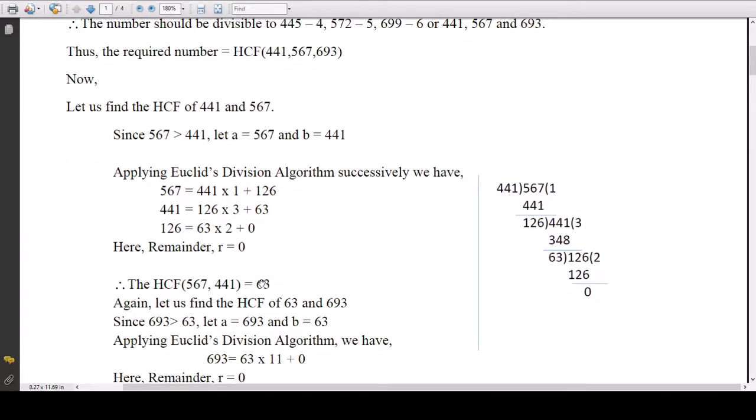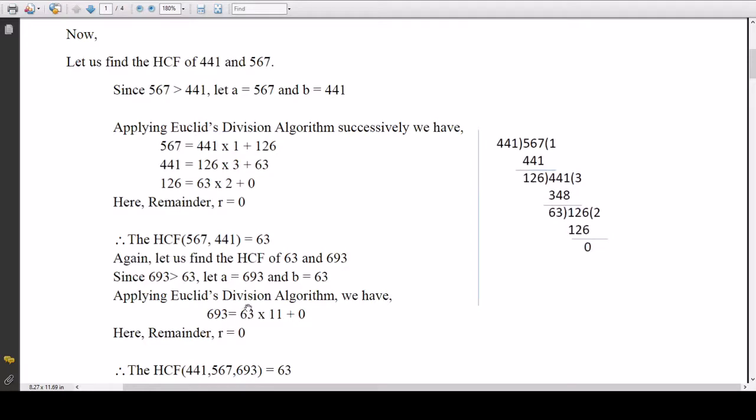And now let us take this 63 and the third number 693 and find the HCF between these two. Okay, A will be the bigger number 693, B the smaller number, and then again proceed with the EDA, or Euclid division algorithm.